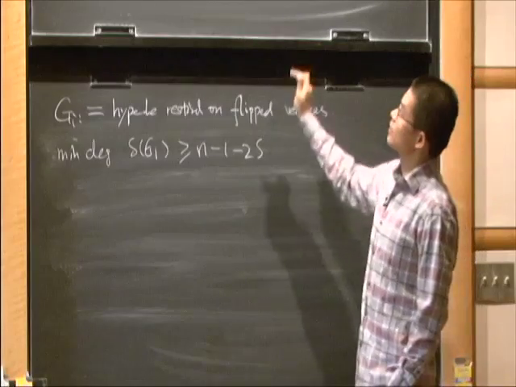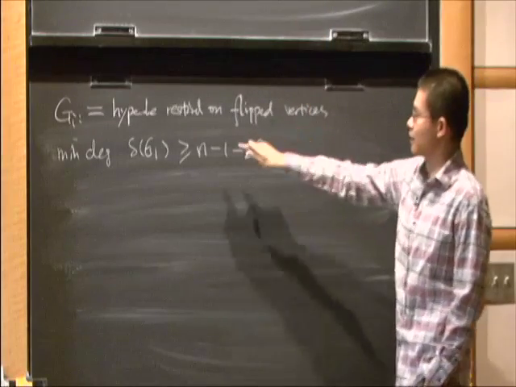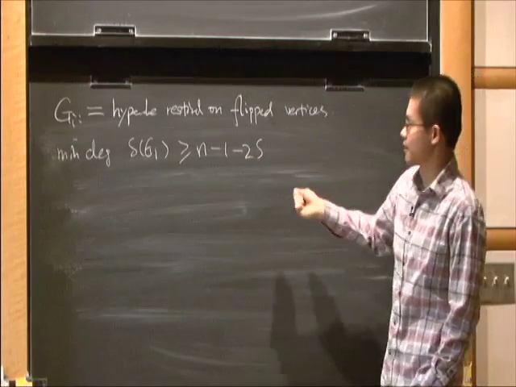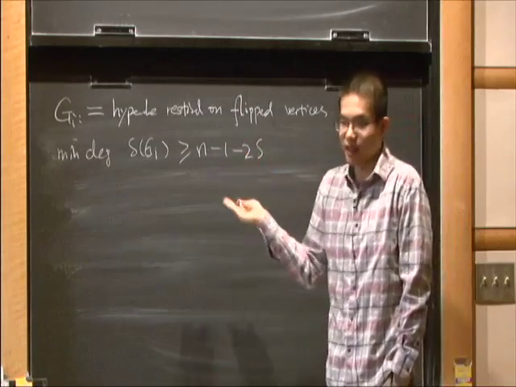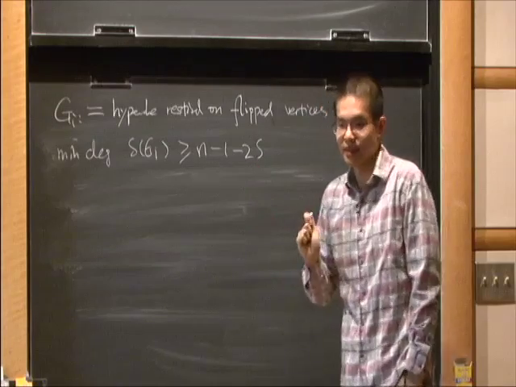Because for every vertex there are at most s edges connecting this flip vertex to a copy vertex. It's the complement, so you get at least n minus 1 minus 2s.